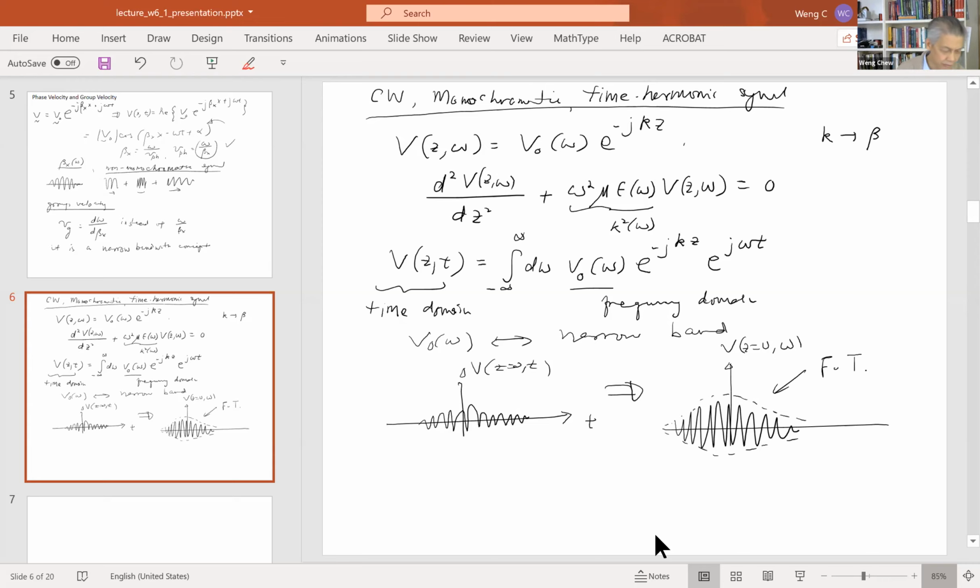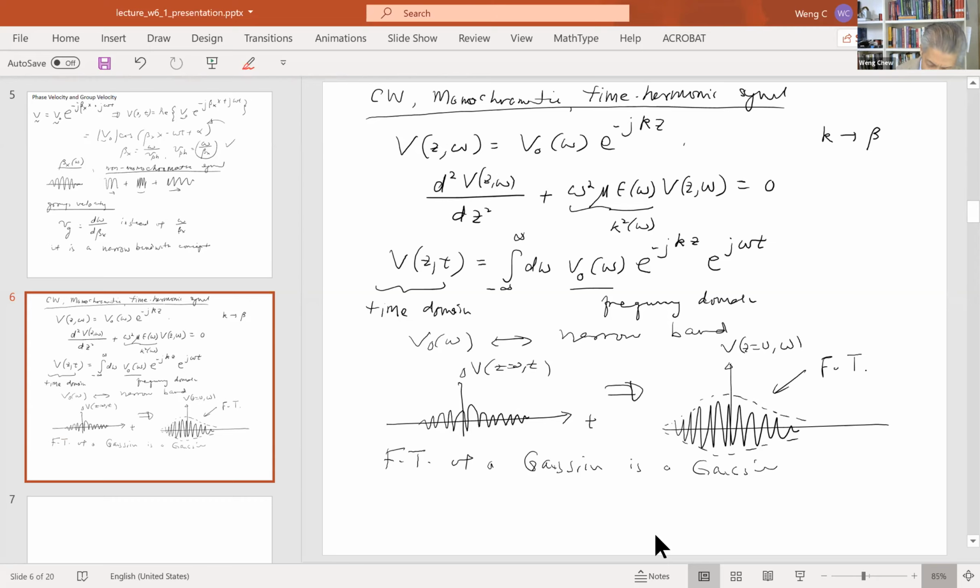And one thing good for you to understand as a good engineer is that the Fourier transform of a Gaussian is a Gaussian. So this is a Gaussian shape function. Once you Fourier transform it, you also get back a Gaussian shape function, okay? FT of a Gaussian is a Gaussian, okay?